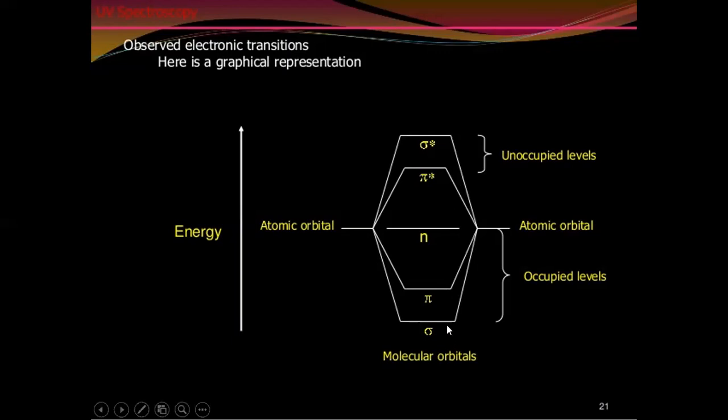This is observed in molecules where there are sigma electrons, generally in alkanes. These transitions require high energy.